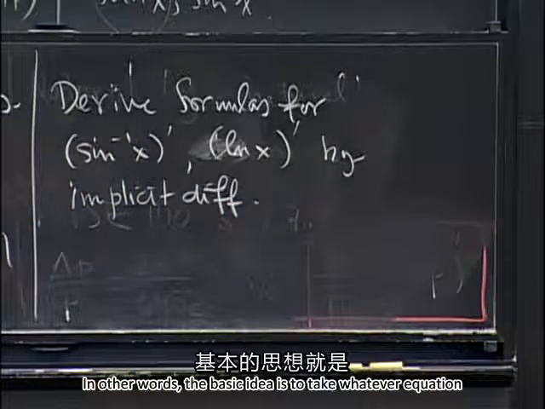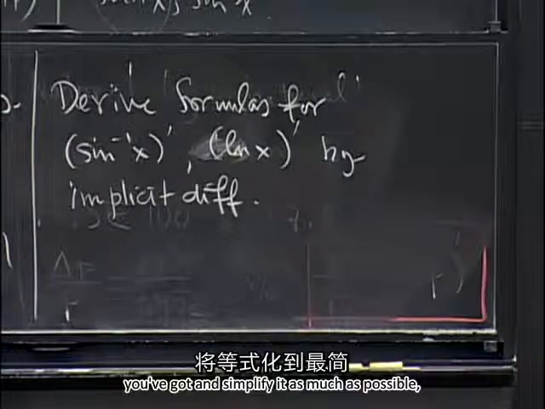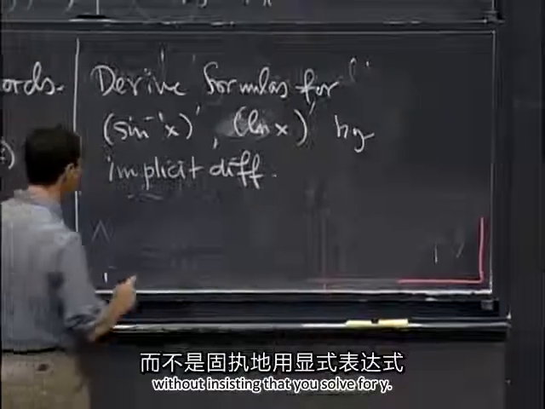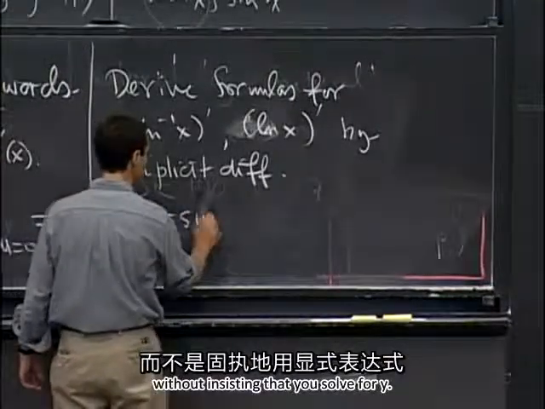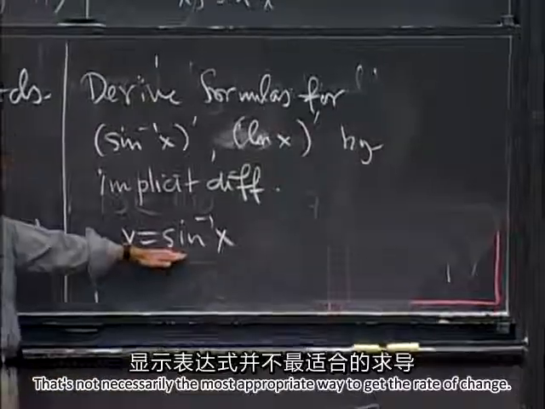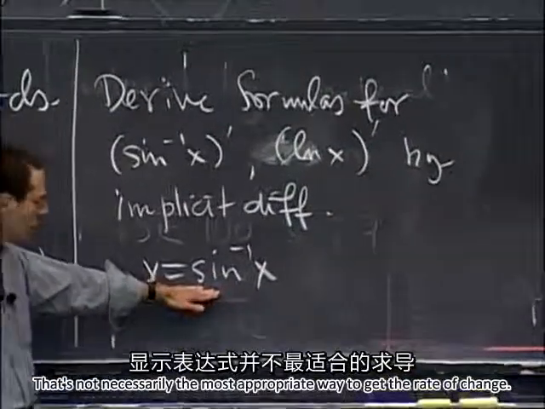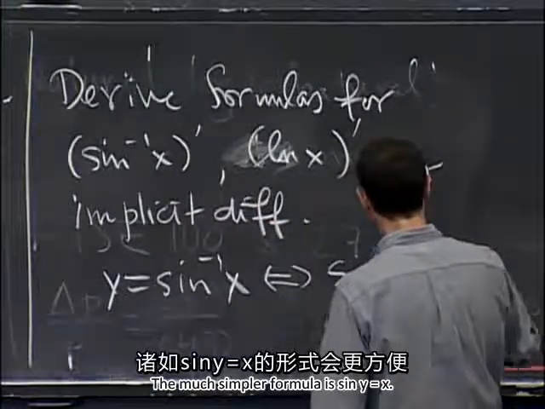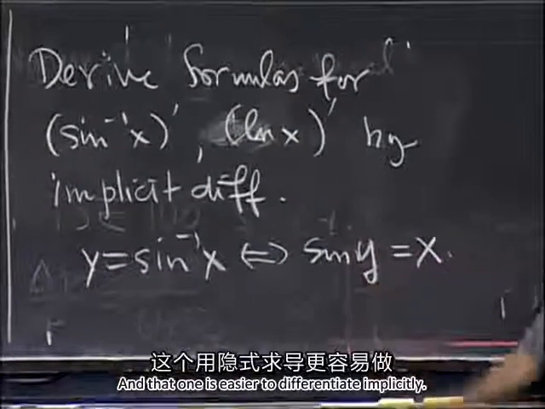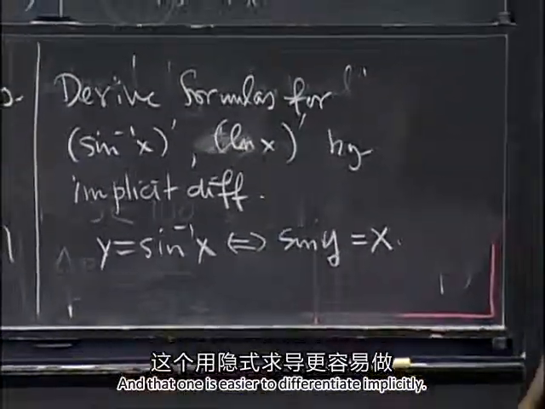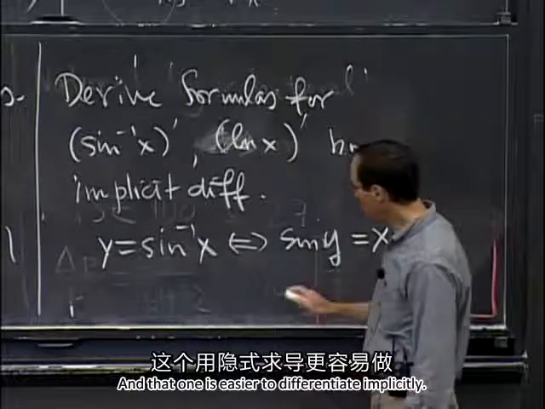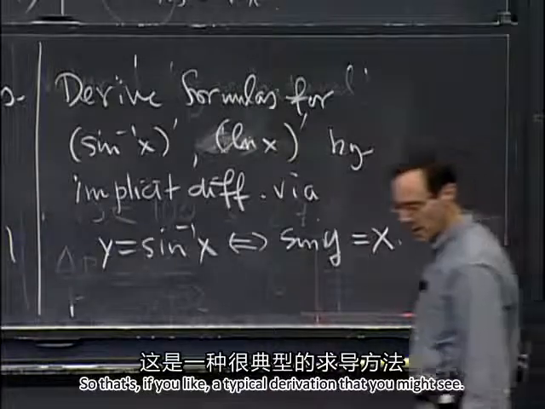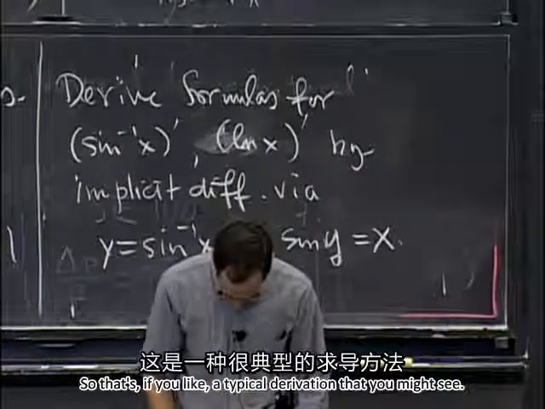The basic idea is to take whatever equation you've got and simplify it as much as possible without insisting that you solve for y. That's not necessarily the most appropriate way to get the rate of change. The much simpler formula is sine y is equal to x. And then that one is easy to differentiate implicitly. So I should say, do this kind of thing. That's, if you like, a typical derivation that you might see.